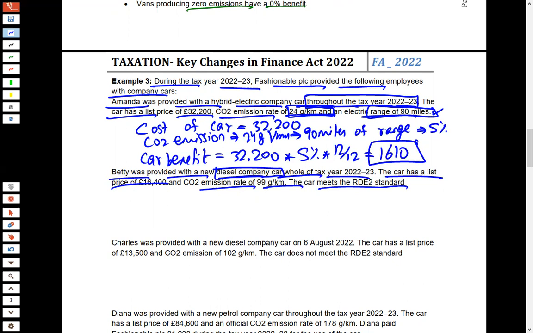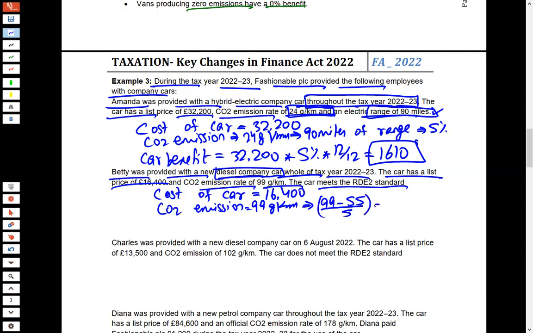So the car benefit calculation would be: cost of car 16,400, and the CO2 emission is 99, minus 55, divided by 5.